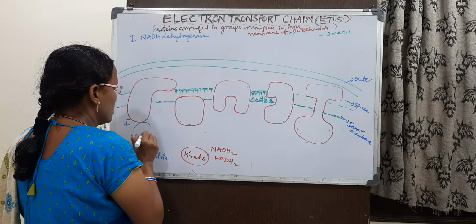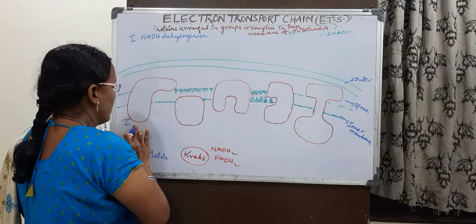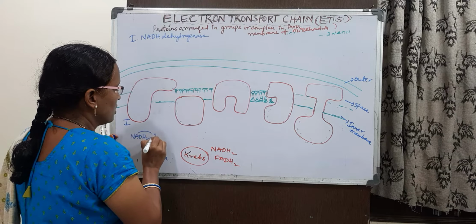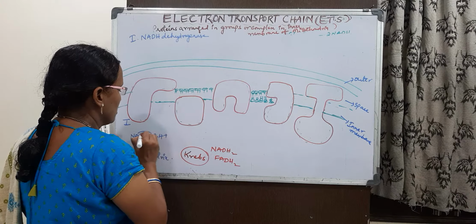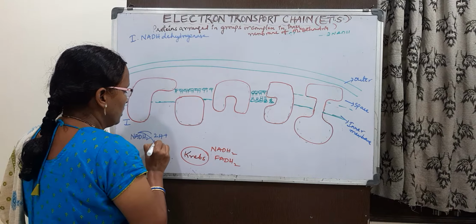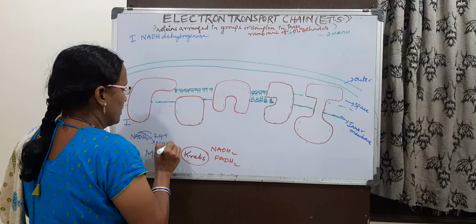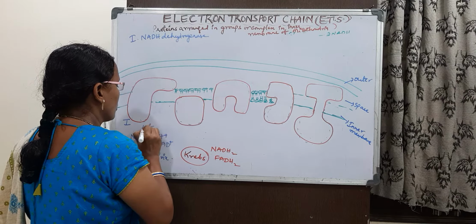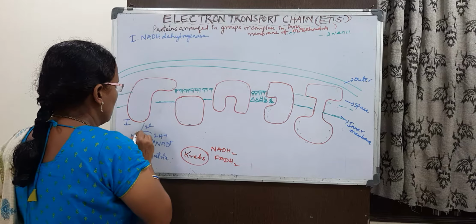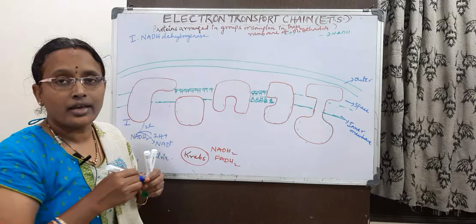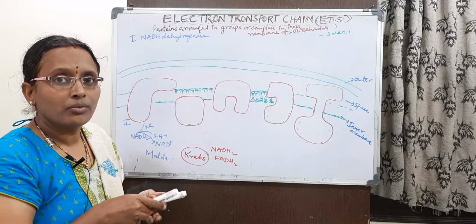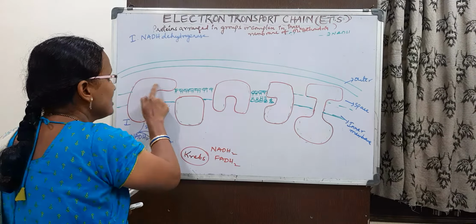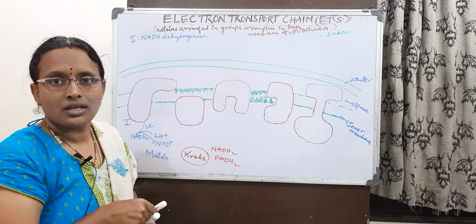NADH2 is oxidized, and when it is oxidized it produces protons, NAD plus and electrons. These electrons are carried by different proteins present in these complexes.